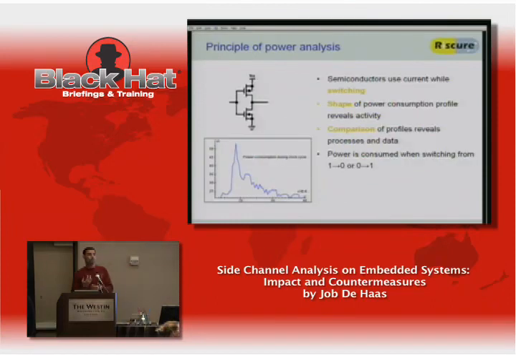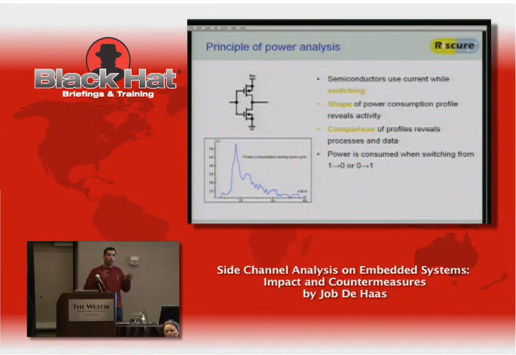Power. Circuits consist of transistors, of gates. They switch, and when they switch, they consume power. So transitions from 1 to 0 and 0 to 1 are the ones that are actually consuming power. And on every clock cycle, this will happen. So what you'll measure at a certain clock cycle is an aggregate of all the switches happening for that state.